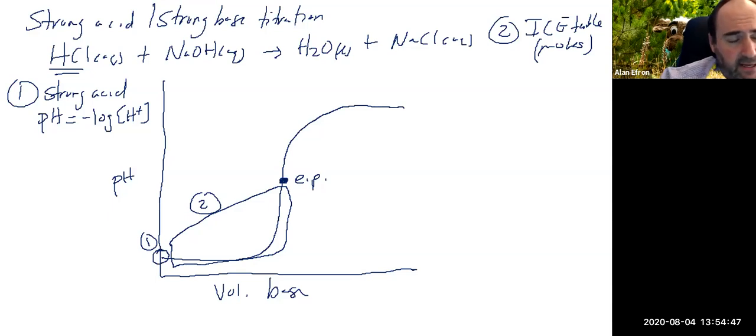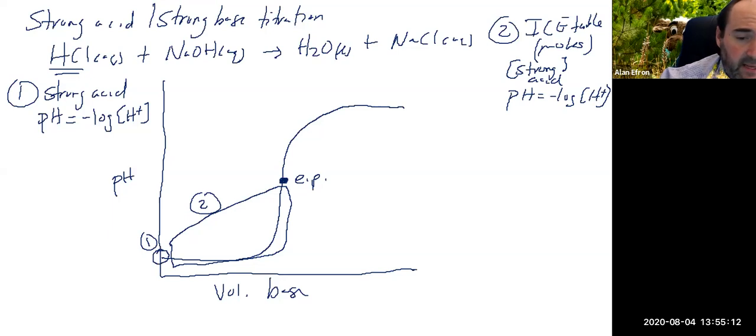So the purpose of that ice table is to figure out the concentration of your strong acid at the end. And that means that you do it in moles. You then would convert the moles to molarity using the liters, and that gives you your concentration. And then you could go into pH equals minus the log of the H plus at that point to get the pH.